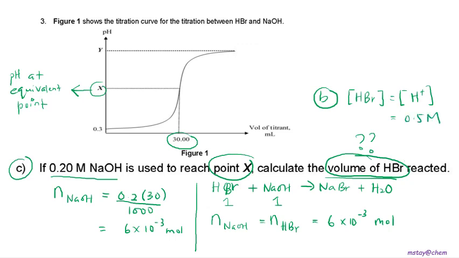So by using the formula, number of mole is equal to MV over 1000. If you want to know the volume, we are going to use number of mole multiplied by 1000 and then divide by the molarity. When you press the calculator, you will get the answer, 12 ml. So this is the volume for the HBr.